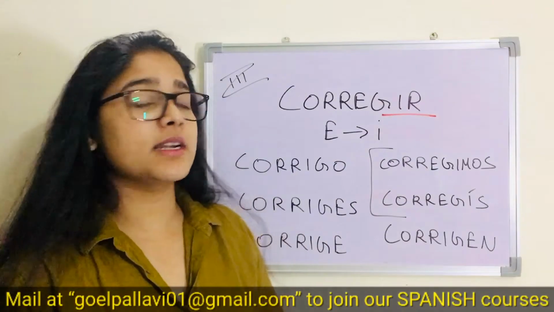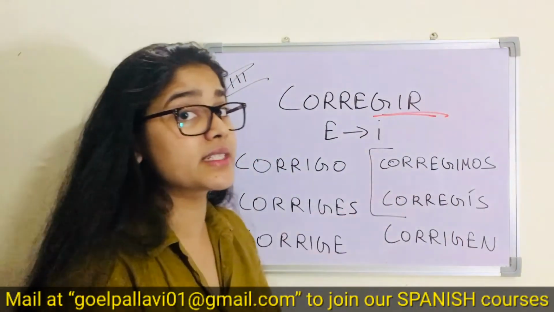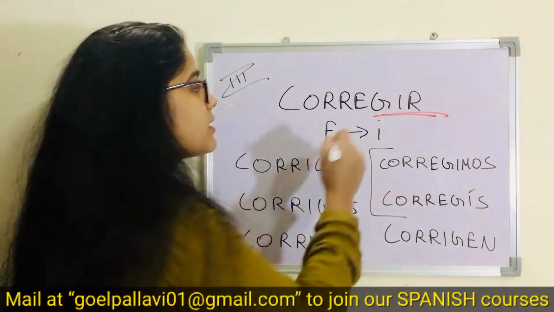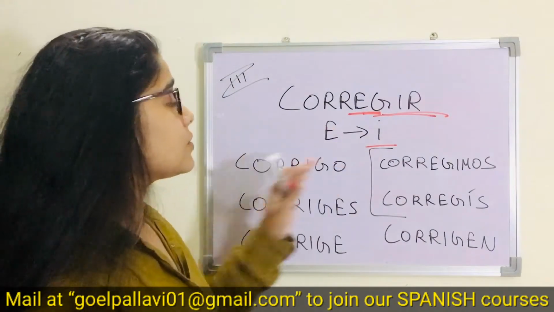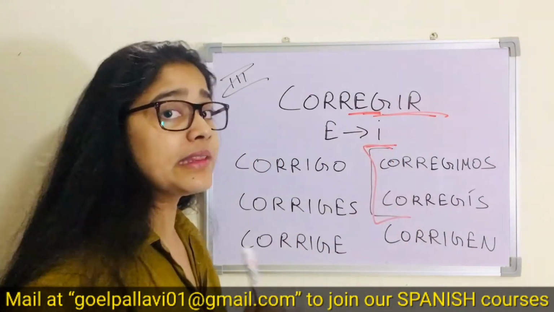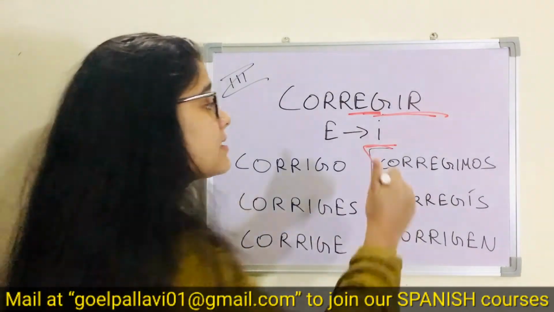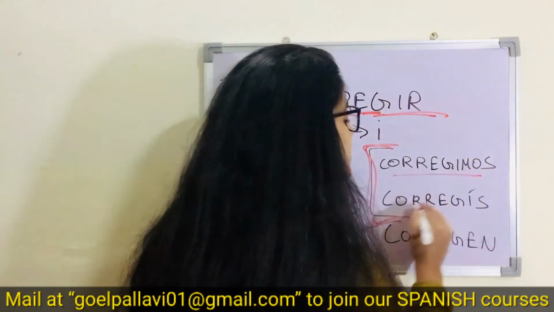As you can see here, these are the conjugations for the verb corregir, which is to correct something. In this we are going to change this E to I. In the first form, as you can see here, these are the exceptions. In type 1 and type 2 there were exceptions, and in this also we have exceptions. These are the exceptional cases.